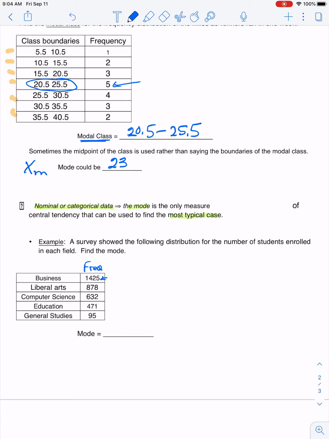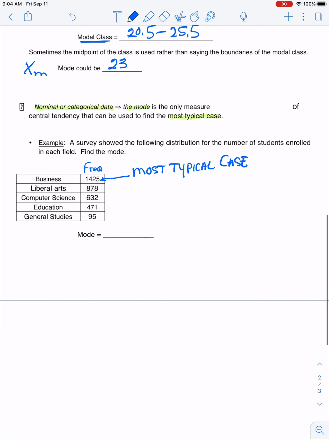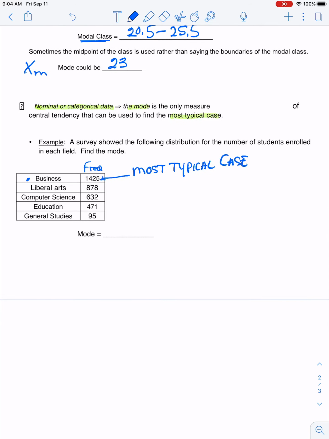This 1425 is highest, and that represents the most typical case. When you report the mode for this categorical data, you just list this word. You would just write in "business." And that would wrap that up.